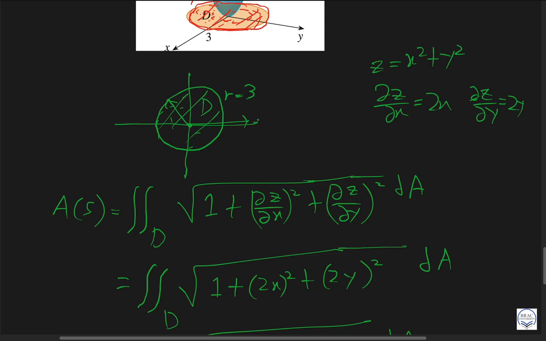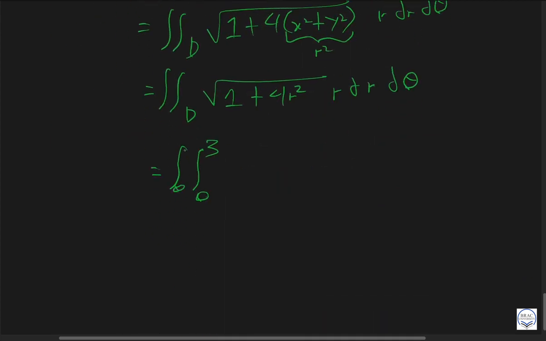So we start from 0 and go all the way to 2 pi to make a complete circle. So from 0 to 2 pi are our theta limits. Now it's simple, just calculating the value of this iterated integral.